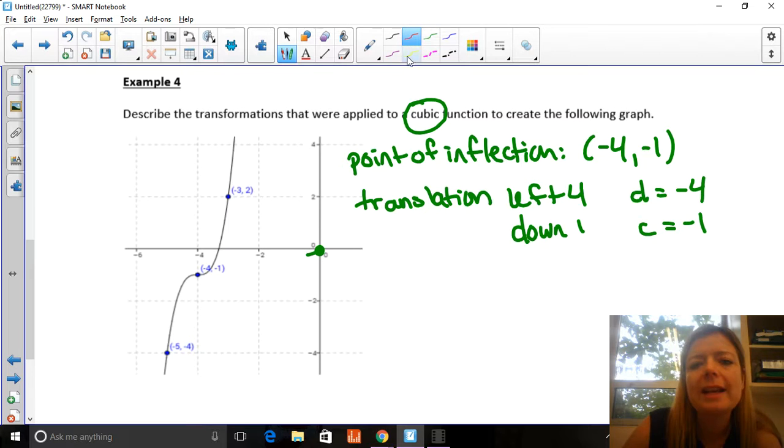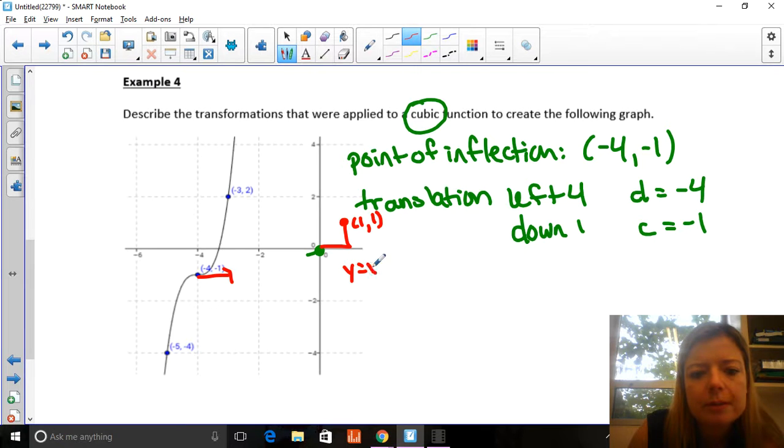Okay, now what has happened with a vertical stretch or compression? What you want to do is compare your point of inflection and see what happens when you move one unit over this way. Because normally when you go over 1, you go up 1 to the point 1, 1 in a cubic function, right? In y equals x cubed, when you go over 1, you go up 1.